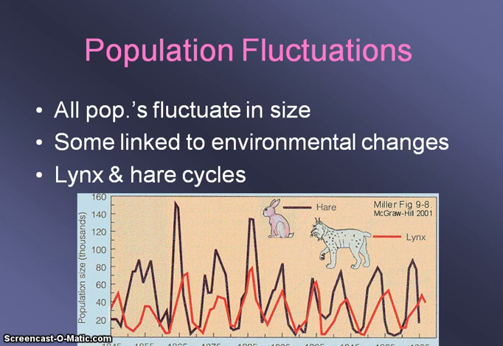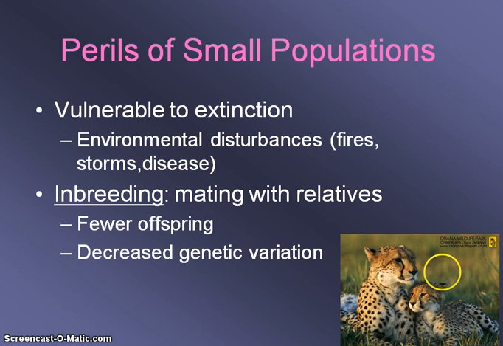But then as the predator numbers decrease, the prey would be able to increase in size because not as many of them would be getting eaten, and then their population could begin to rise again. So depending on what's going on in the environment, these population sizes have the ability to fluctuate or make changes.